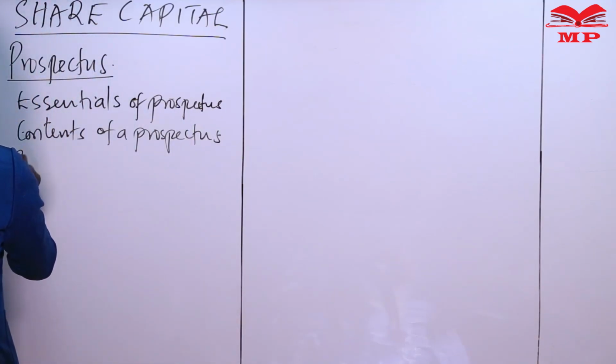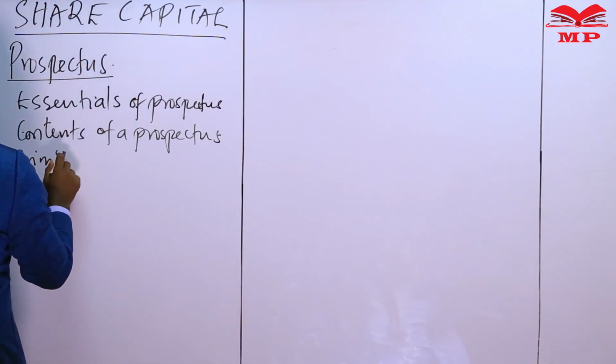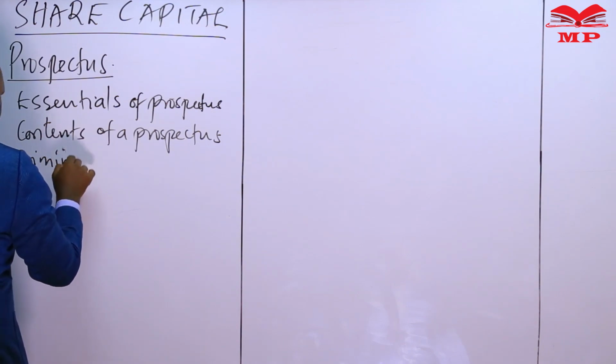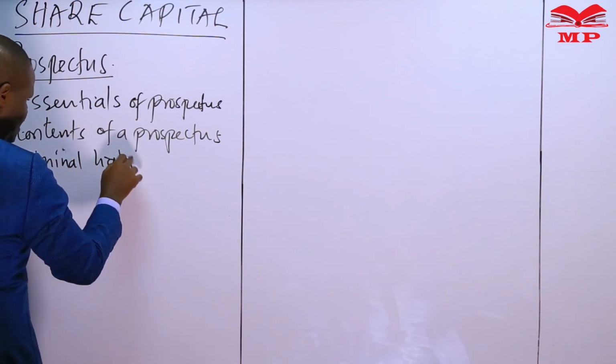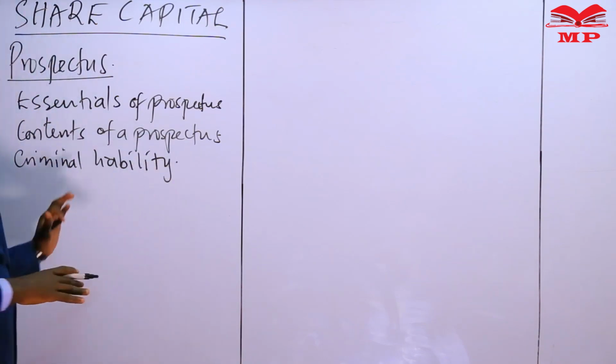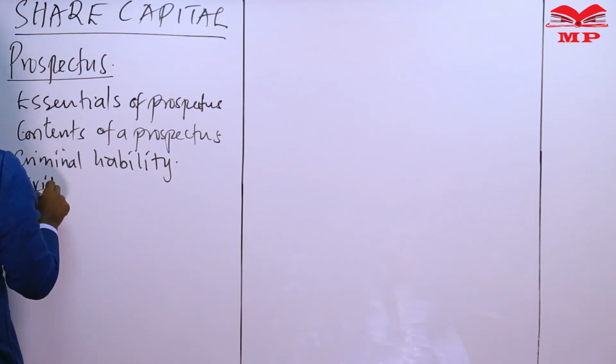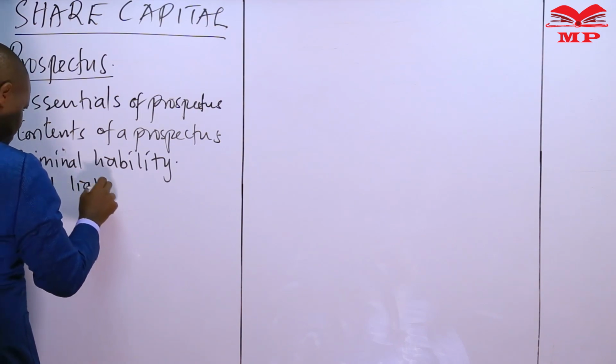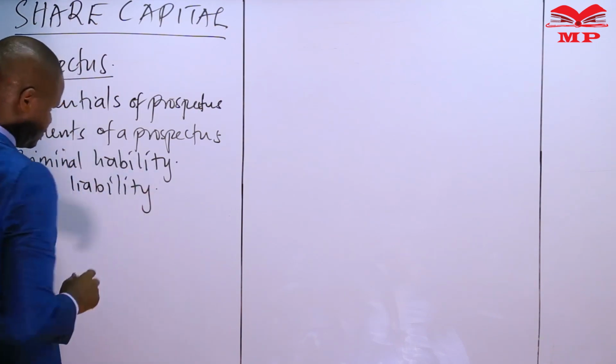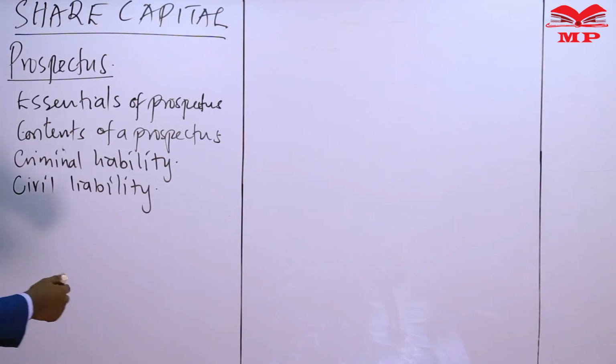Then we will look at criminal liability arising out of the issue of prospectuses. Then I will also look at the civil liability arising out of the issue of prospectuses.